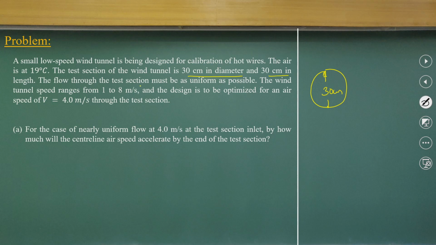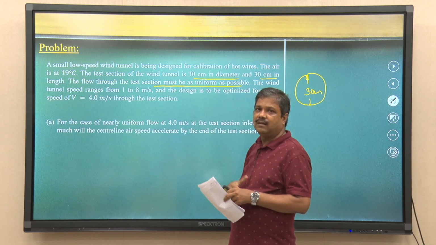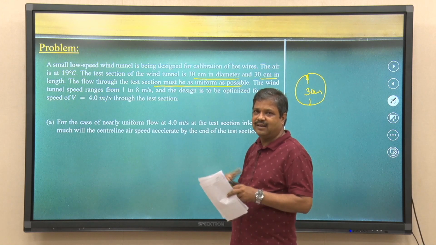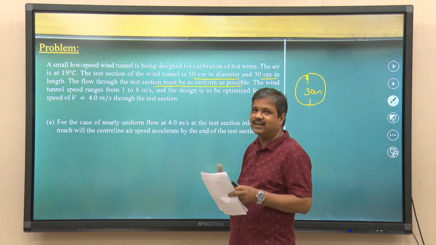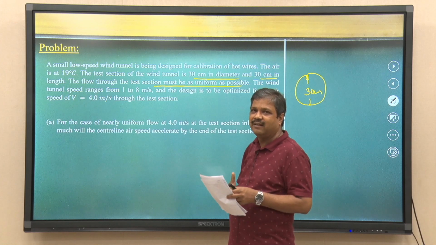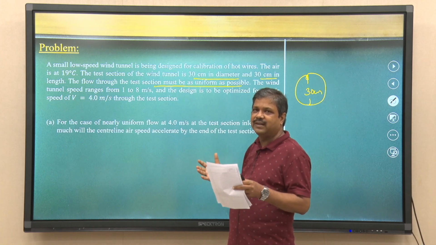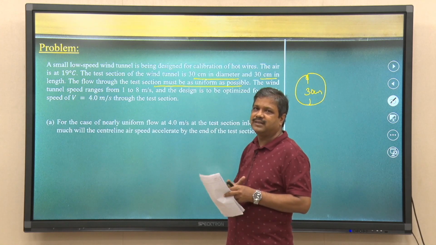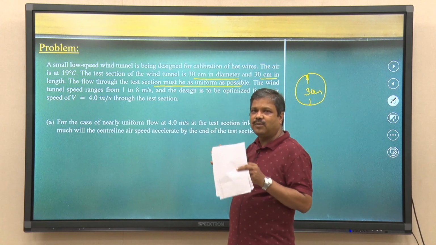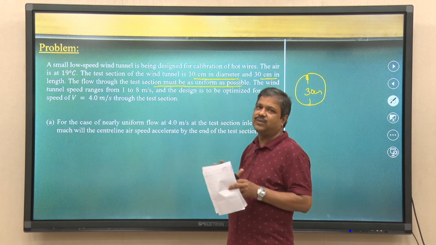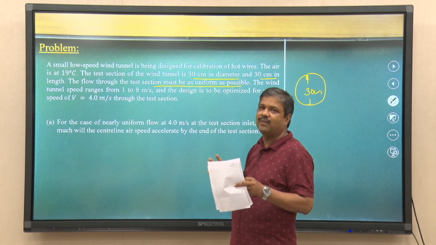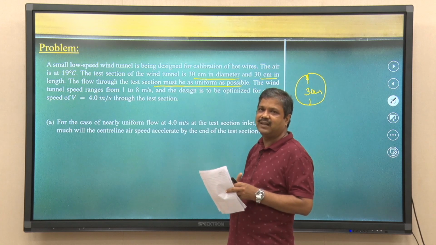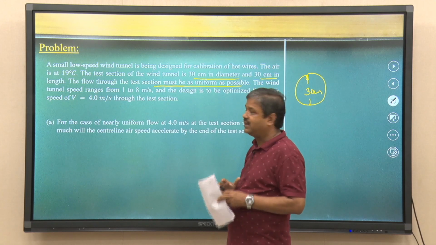The flow through this test section must be uniform, because we have to look at the laminar boundary layer thickness. It should not have turbulent boundary layers, because then we cannot make a test section. So, we will try to make the test section such that laminar boundary conditions prevail, and we also have to look at the amount of thickness coming, which will be appropriate for the displacement thickness and also the boundary layer thickness.